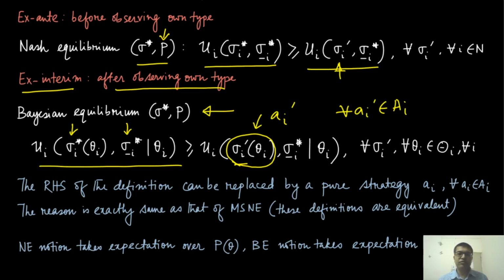The forward direction is obvious. But the reverse direction requires a little bit of work, which is very similar to what we have done in the context of MSNE. I'm not going to do that exercise once more. Leave it as homework.